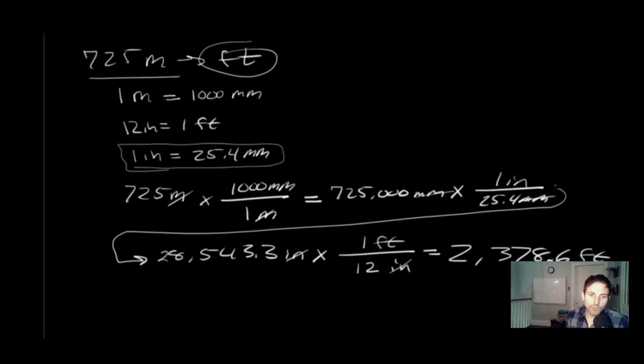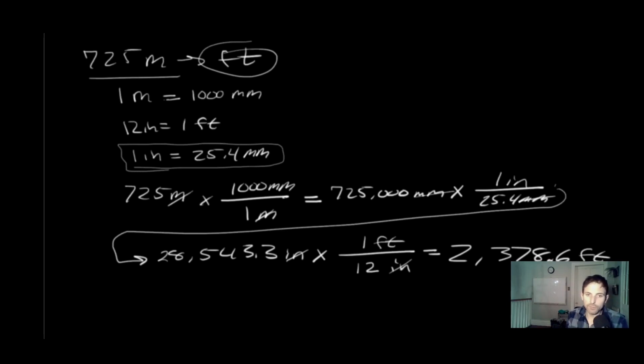So I knew this inches to millimeter relationship, right? But I didn't have inches and I didn't have millimeters. But I did have meters, and I knew this meter to millimeter relationship. 1 meter equals 1,000 millimeters. So I took that and went down the line with what I knew.